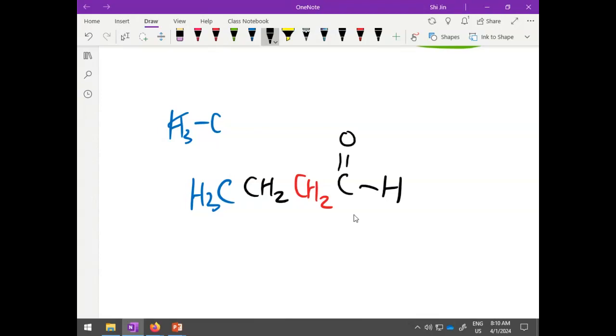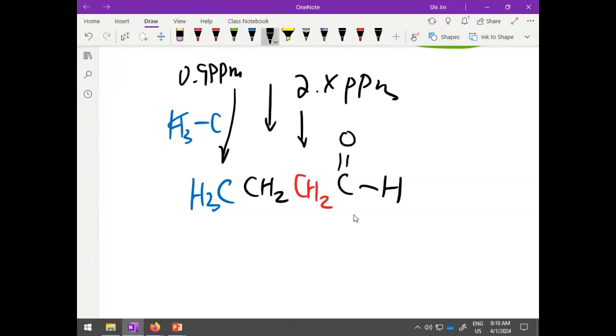So for the 3 carbons other than the aldehyde carbon, their chemical shift values will follow a similar trend. This one, you expect 2.x ppm. This proton will be around 0.9 ppm. And this one will be 1.x ppm. Similar, because these 2 protons are directly bound to the electron withdrawing carbonyl group, so the electron withdrawing effect is the strongest, with the highest chemical shift value.